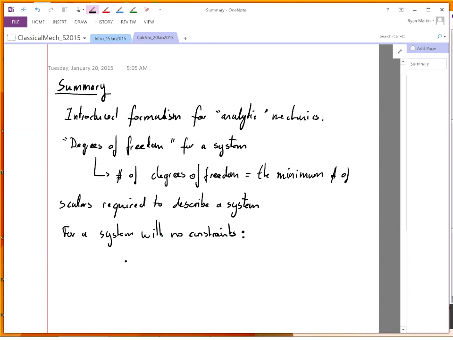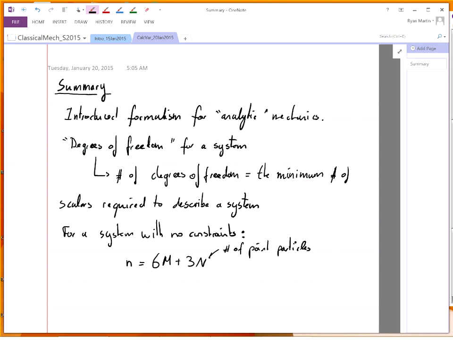the number of degrees of freedom, which I'm almost always going to call with the lowercase l, that number of degrees of freedom would be 6 times M plus 3 times N, where capital N is the number of point particles, so in general, a point particle requires 3 numbers to describe its state.